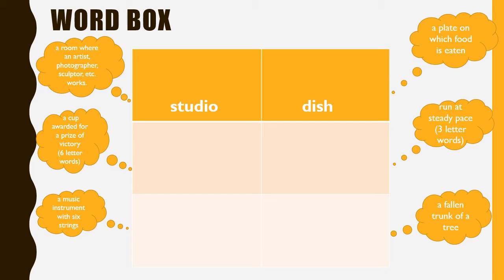Now when you win something, you get a cup. And what is that cup called? It's a 6-letter word. Think, everyone. Please do it on your own. Do not take the help of anyone. It's a cup awarded for a prize of victory.